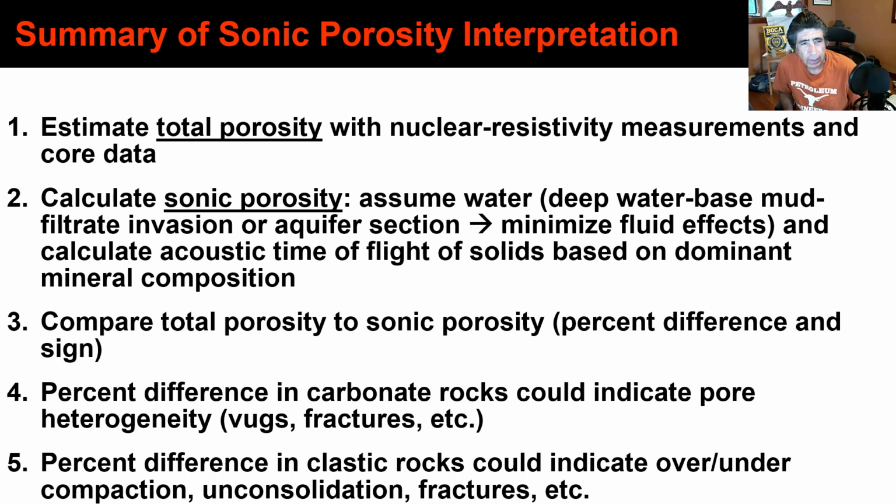And then we're going to calculate the sonic porosity. And how do we calculate the sonic porosity? First of all, for reference, we're going to assume that water is a saturating fluid, and we have good reasons to do this. If you have some confusion as to why, just go and calculate this in the aquifer or at a place where you have very deep water-based mud filtrate invasion, so most of the fluid that we're sensing is mud filtrate.